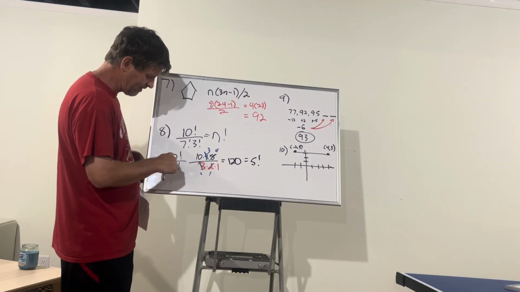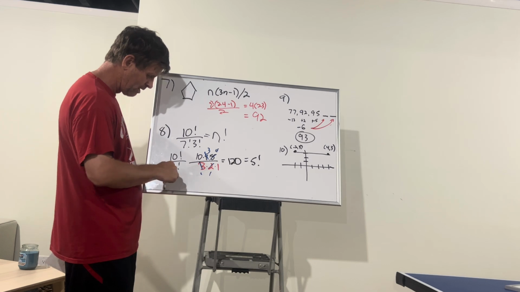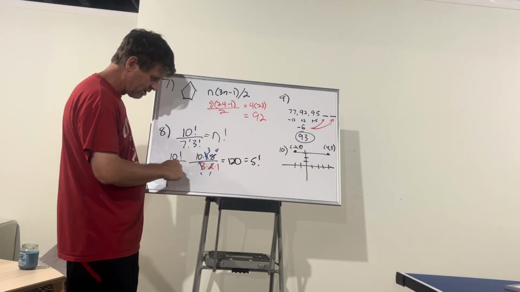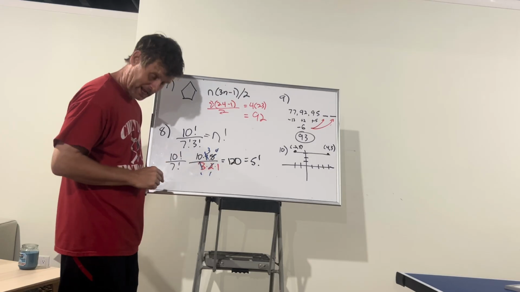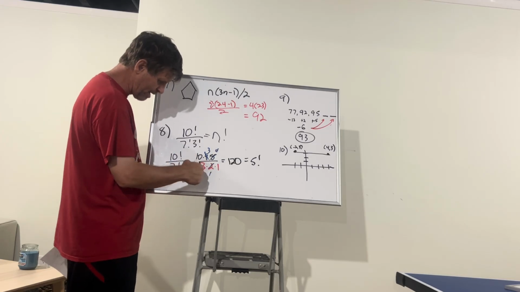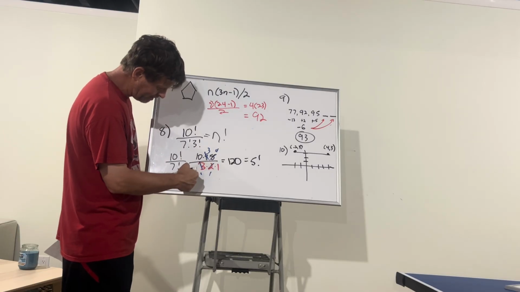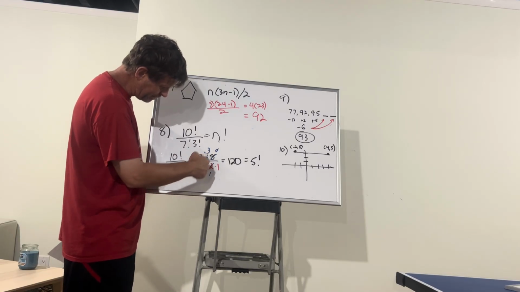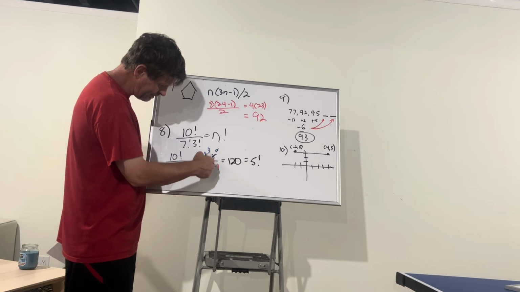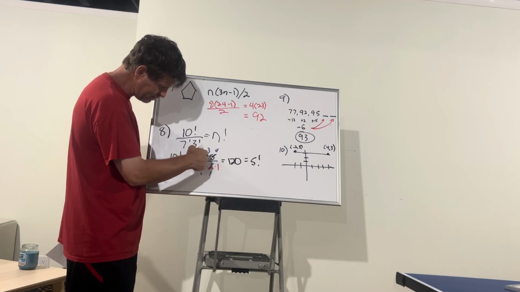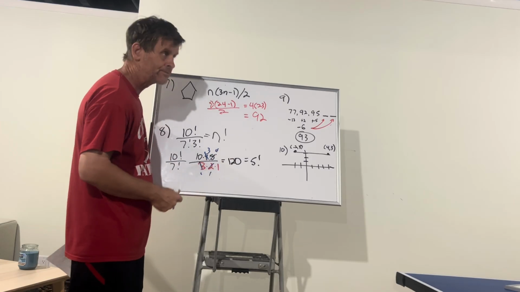If we do 10 factorial over 7 factorial, then everything from 7 factorial down gets canceled. So we're left with 10 times 9 times 8. Now we got to divide by 3 times 2 times 1, and we could cancel this, right? 9 and 3, we could get 3 and 1. 8 and 2, we could get 4 and 1. So we get 10 times 3 is 30 times 4 is 120.